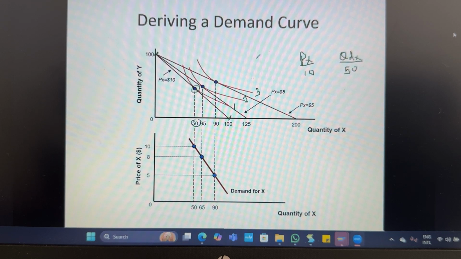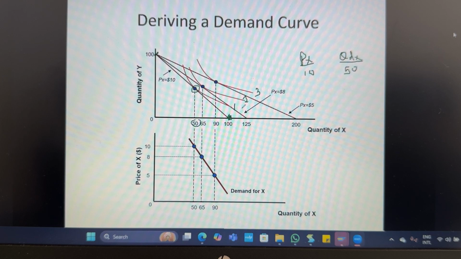What is the consumer's income? Thousand. Yes, 1000, because if you spend the maximum income on commodity X, according to this graph, you can purchase a maximum of 100 units of X, then 0 units of Y. That is if you spend the entire income on that.